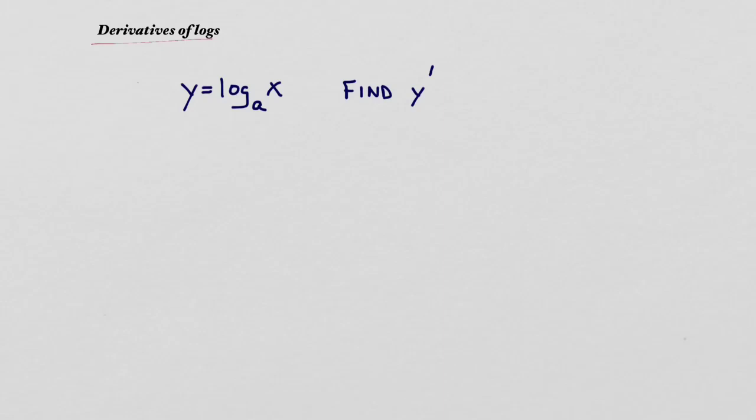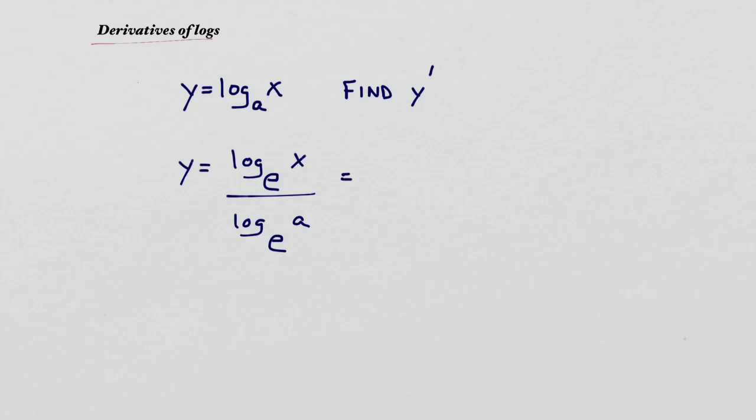So to do this, obviously we don't know how to do this directly, but if we use our change of base formula before taking the derivative, I can rewrite this as log of x divided by log of a, and I can make this any base that I want to. We're going to pick e because we already know some stuff about log base e.